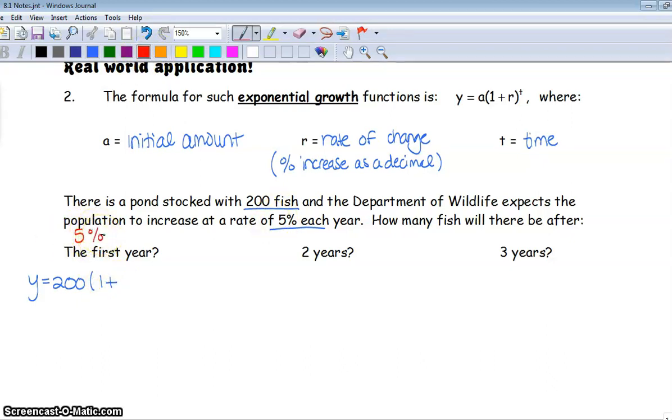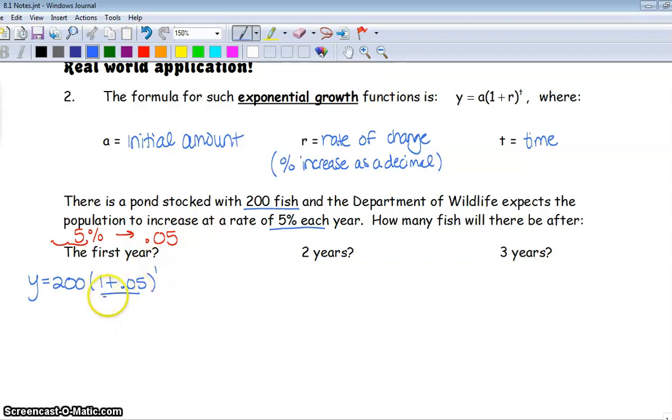If I want to take a percent and change it into a decimal, I take where the decimal point was and I move it 2 spots to the left. 1, 2. So that gives me a decimal of 0.05. So we fill that in as 1 plus 0.05. Remember, we want the rate as a decimal, raised to the t, and in this case our time is 1 year.